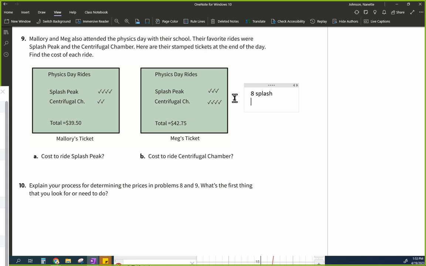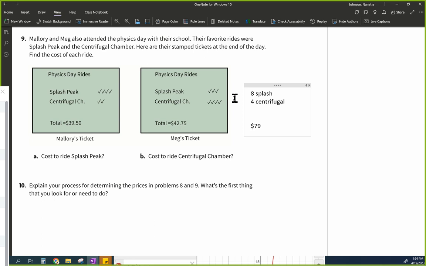And the centrifugal chamber, I would have written 4 times. But the amount of money I was spending would have been twice as much, right? So instead of $39.50, it would have been twice that. Twice 40 would have been 80 minus $1, which is $79.